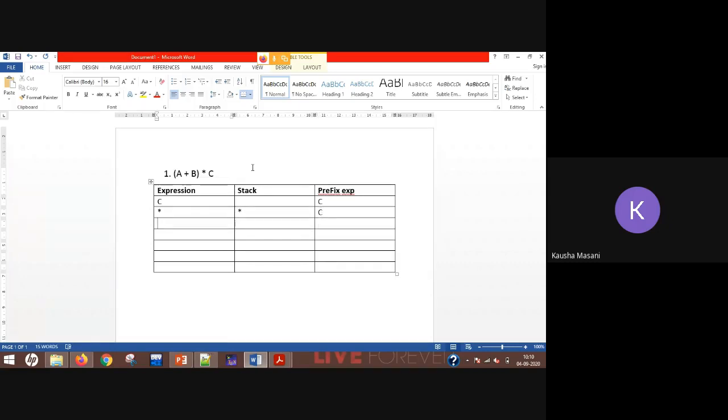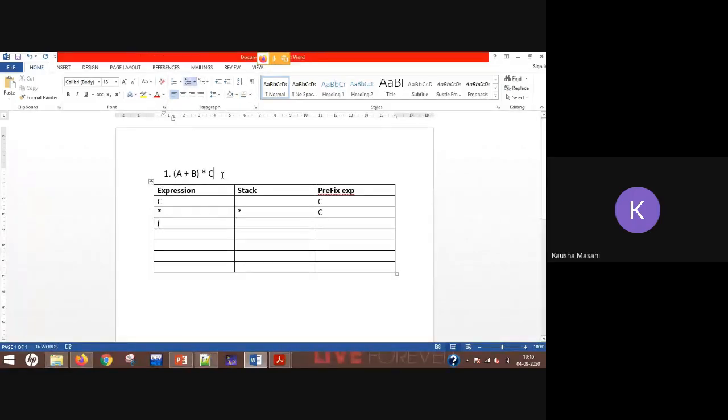Now, B or the parenthesis? It will be the opening parenthesis because we have to reverse the string.